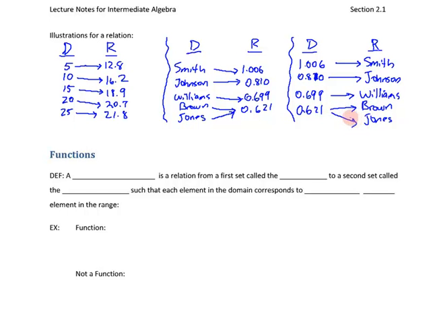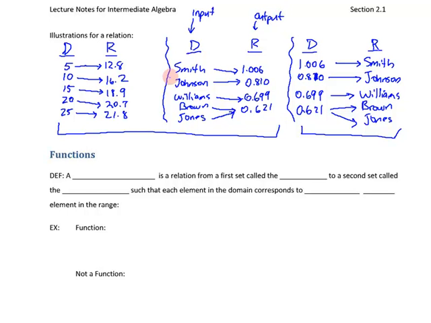Okay? Now, there is a fundamental difference between these two and this one. It's a fundamental difference that we consider very important in mathematics. If we were to think of a relation in terms of input and output, that is, I have some sort of relationship where I put in an input and I get an output, then in every case in these two, every time I put in one thing, I get exactly one thing out of it.